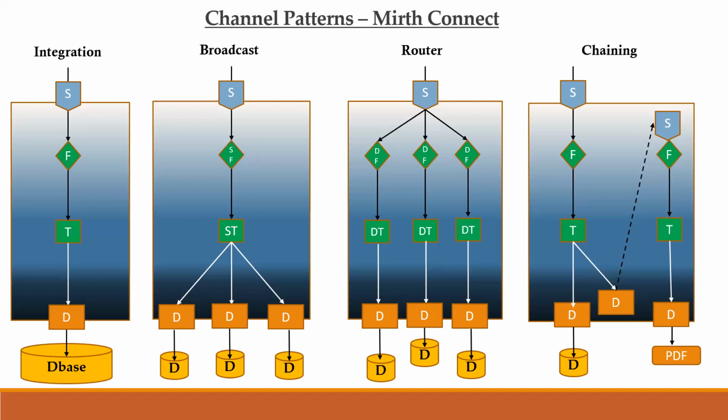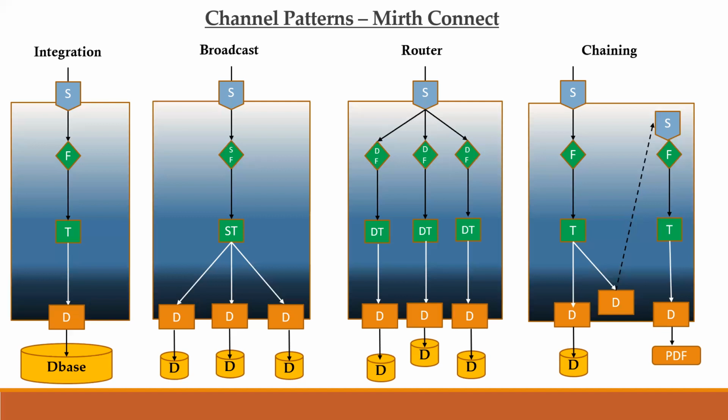Okay, one more important point here is that whenever Mirth Connect is transacting a message, after completing the source, it will enter into the destination. So after completing the source transformer, the basic default functionality of Mirth Connect is to duplicate the message to all the destinations that are present.